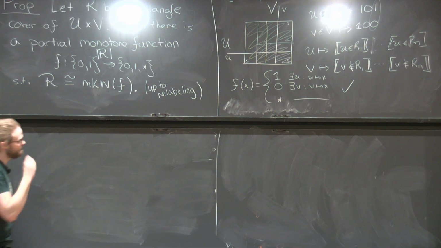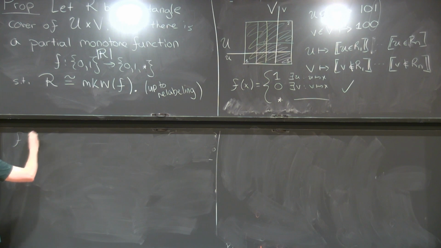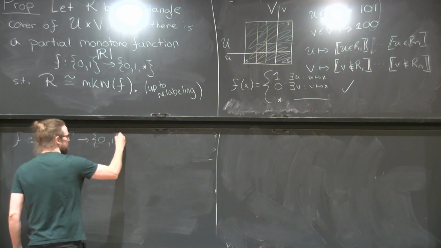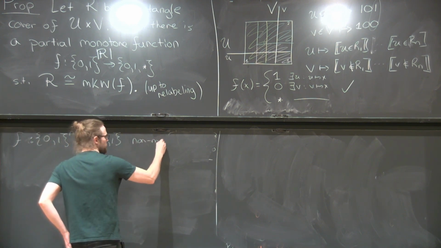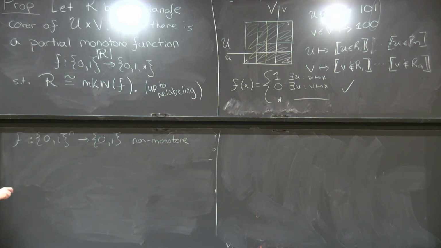Well, let's just think about what happens. I'm going to start with a non-monotone function. So this is going to give me, by this Karchmer-Wigderson game, a list of rectangles.